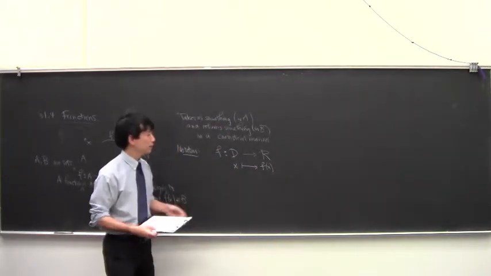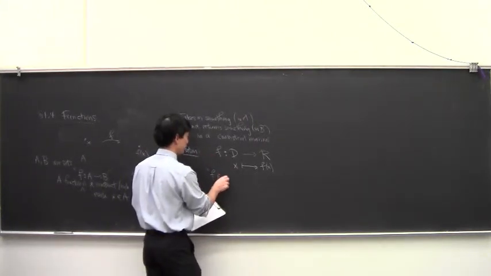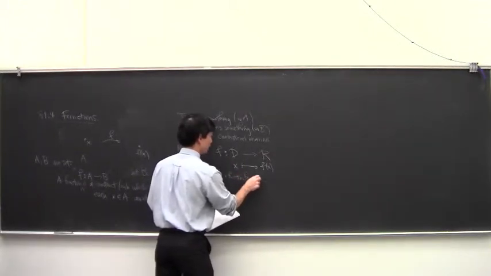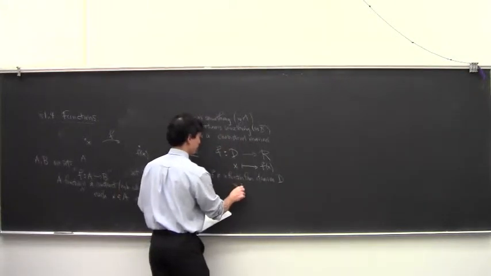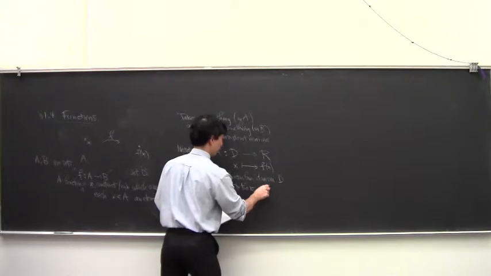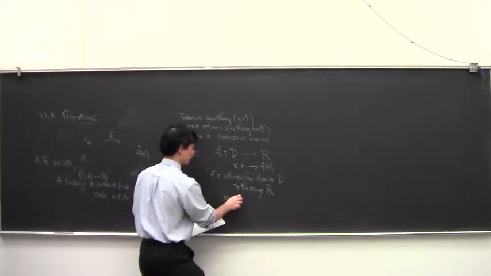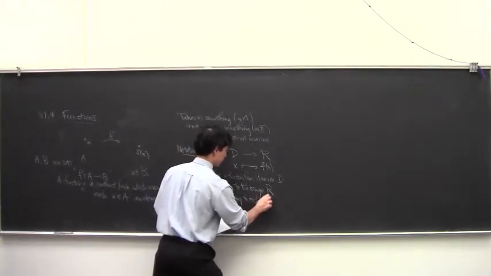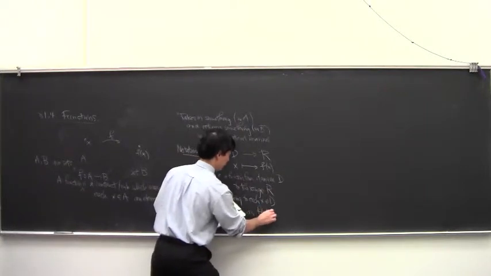The way you read this in English is: f is a function from what's called the domain D to the range R, assigning to each x in D an f of x in R.